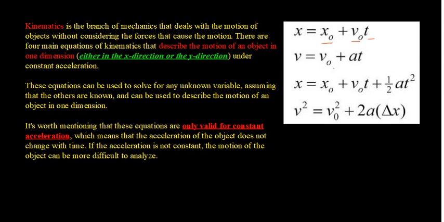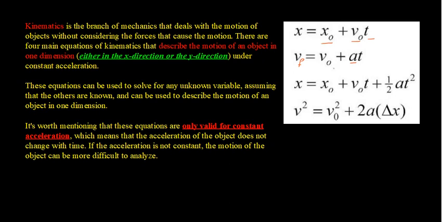Here we could say this is the final velocity, this is the initial velocity, and here is the acceleration of the object. The other equations have different purposes, but they all cover the same variables: the distance, the velocity, the acceleration, and the time.